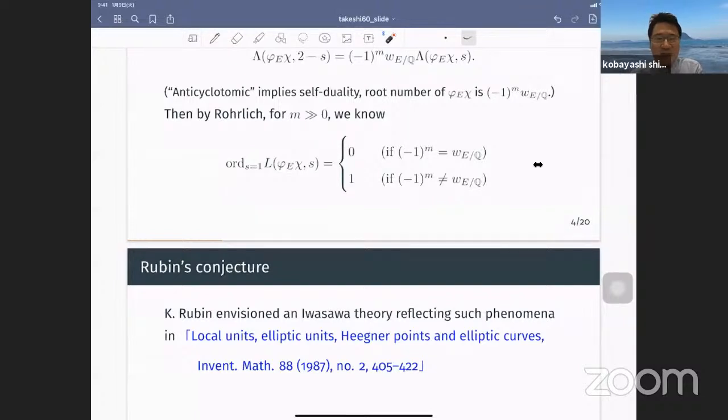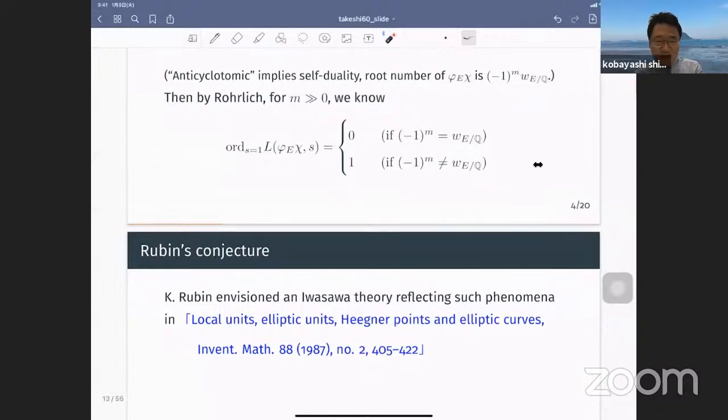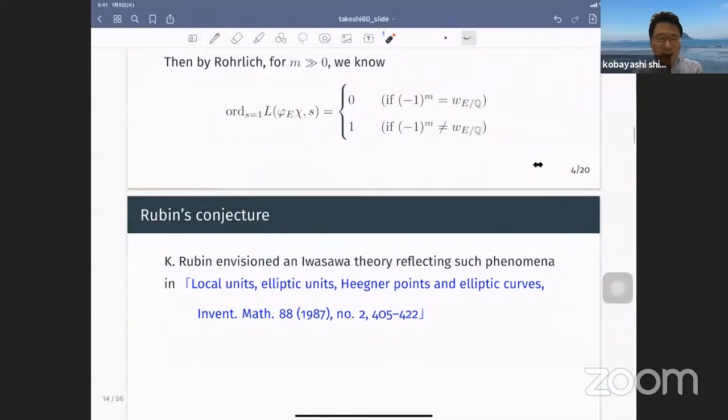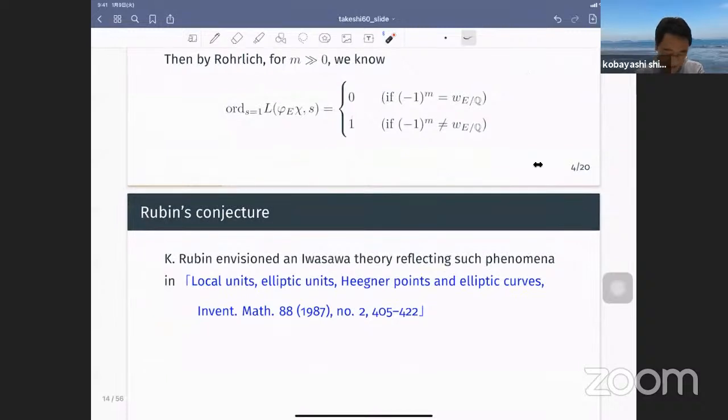So for a student like me, it was a really high pressure seminar. And just after writing my thesis, I gave a talk on this Rubin's paper in the Saito seminar. Maybe no one remembers, but I gave a talk on this paper in Takeshi's seminar.